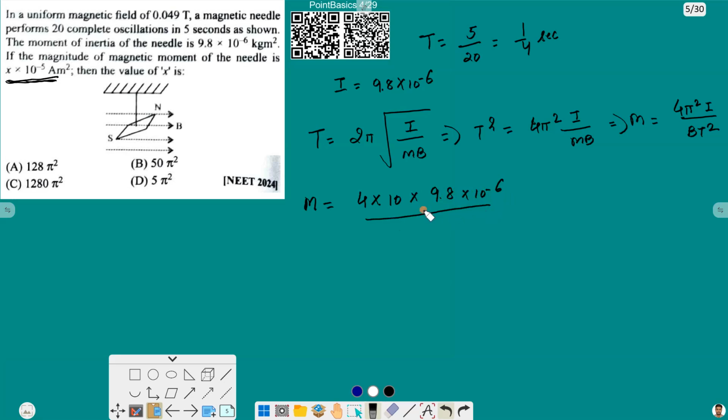Now we have magnetic field, that is 0.049. So we can write it like 4.9 into 10 raised to power minus 2 multiplied by T square. T is 1 by 4, so its square will be 1 by 16. So this gets cancelled with 2, and we have here 8 into 16, and in the options pi square is mentioned, so we keep pi square here as it is, into pi square, and this will be 10 raised to power minus 4.